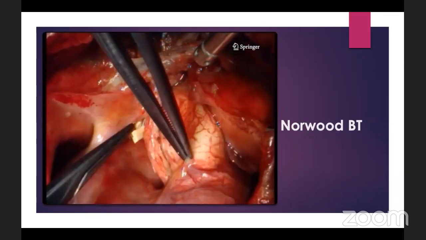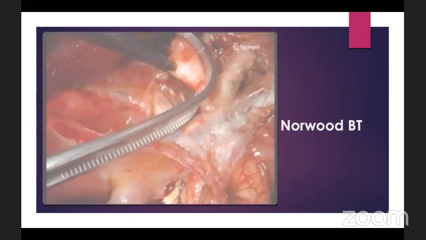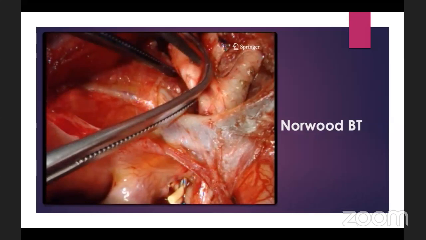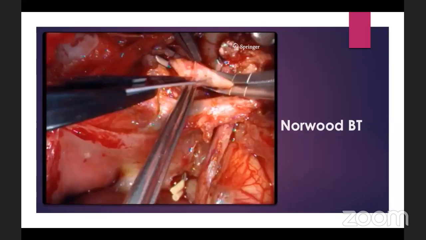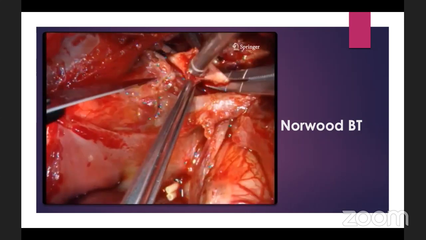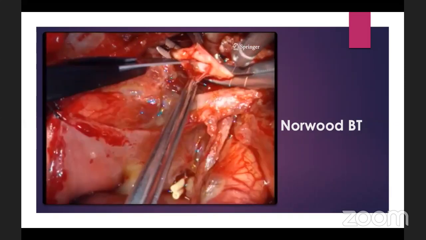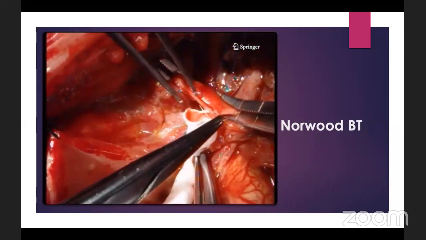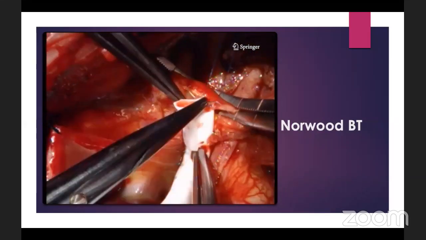Like in any ductal dependent circulation, prior to going on pump, you have to control the branch pulmonary arteries to prevent lung flooding. In this procedure, he's using the innominate artery, sewing what will be the future BT shunt.